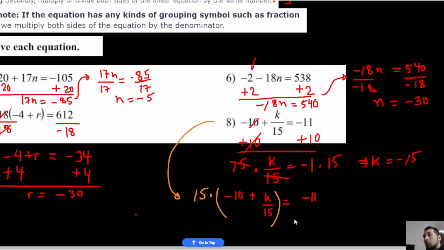So that means I need to do a distributive property here. If I distribute 15 with negative 10, I get negative 150. And this 15 times k over 15, we just get k, equals negative 11 times 15, we get negative 165.